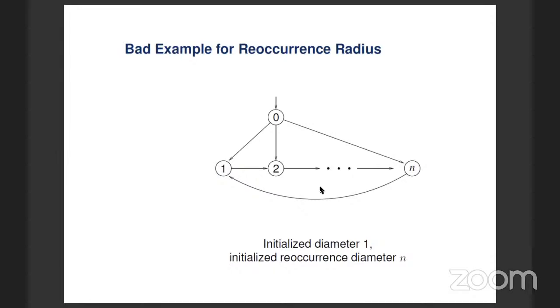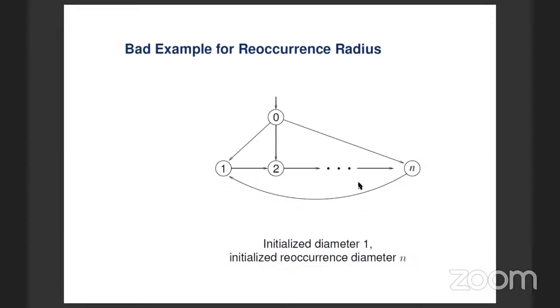This is a worst-case pathological situation where your reoccurrence diameter happens to be just as long as the number of reachable states. If that is the case, then you're out of luck. But in some cases, the reoccurrence diameter is easier to compute as a SAT instance problem, but it is certainly larger.